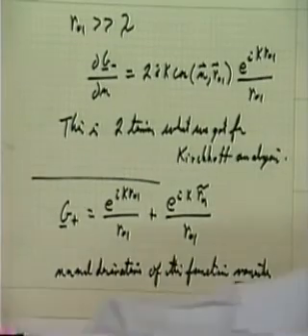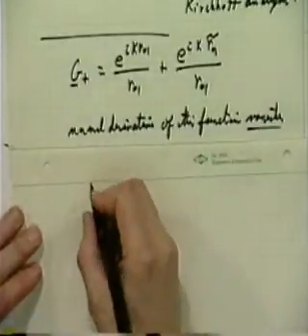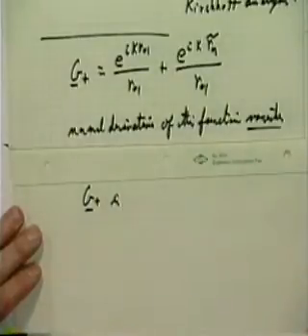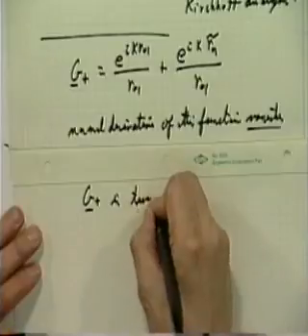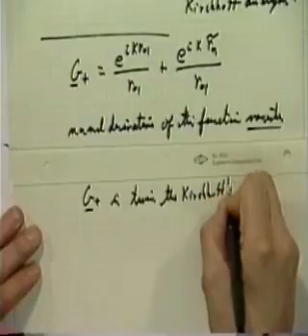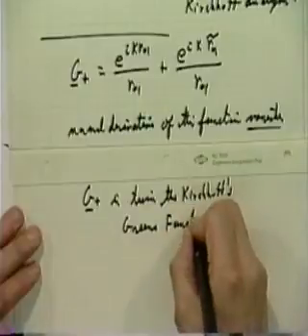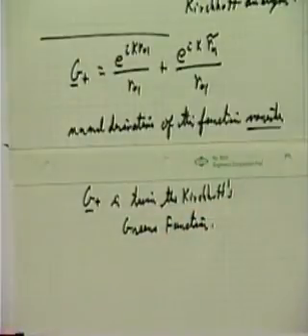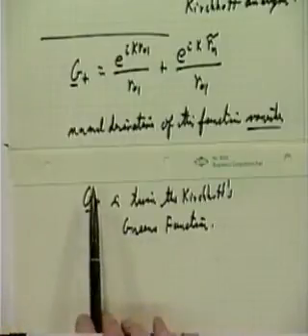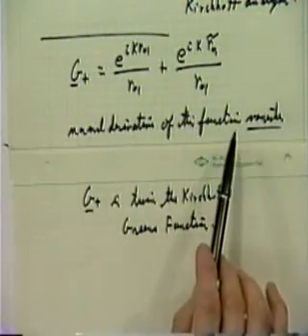And if we also look at it, it's going to turn out that G plus is twice the Kirchhoff-Green's function G. So for the positive case, G plus will be twice what we got for Kirchhoff, and the normal derivative is going to vanish.